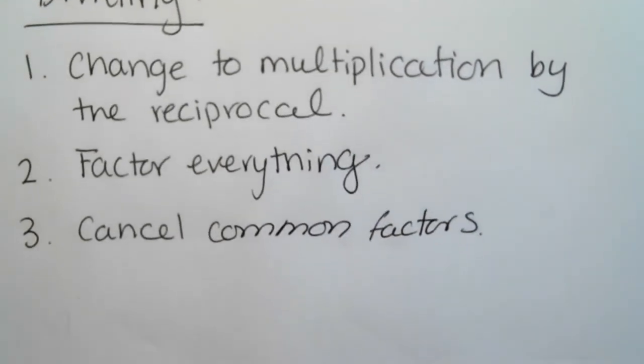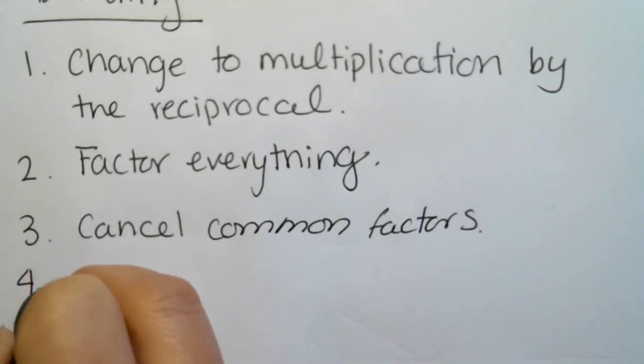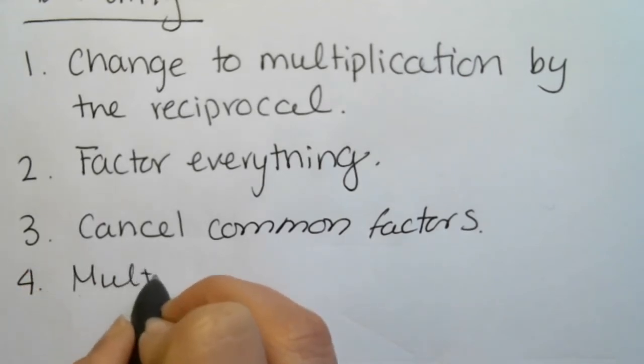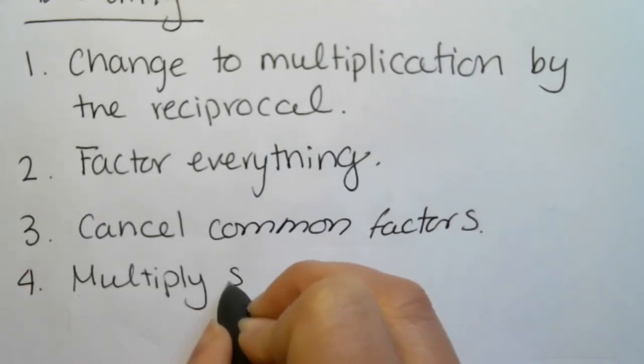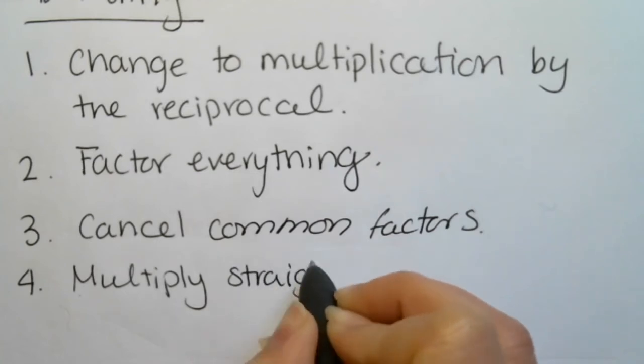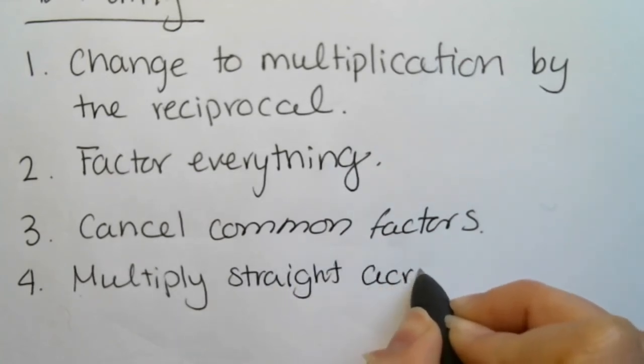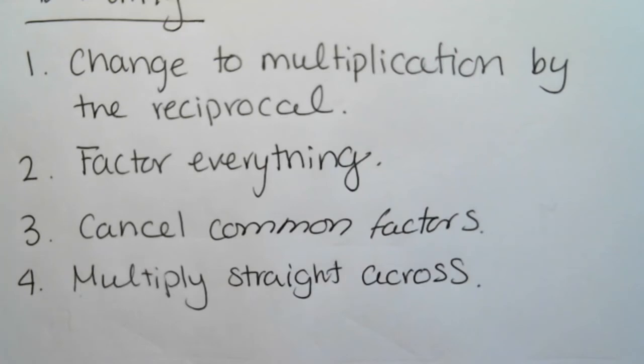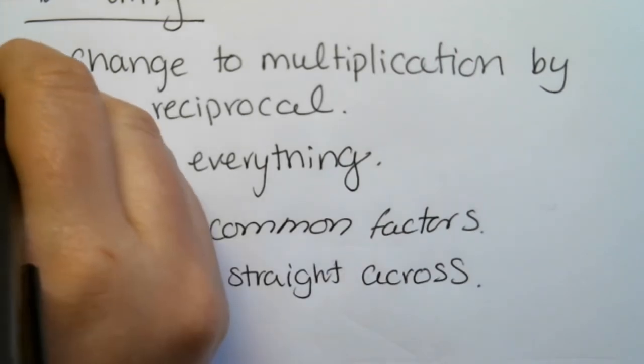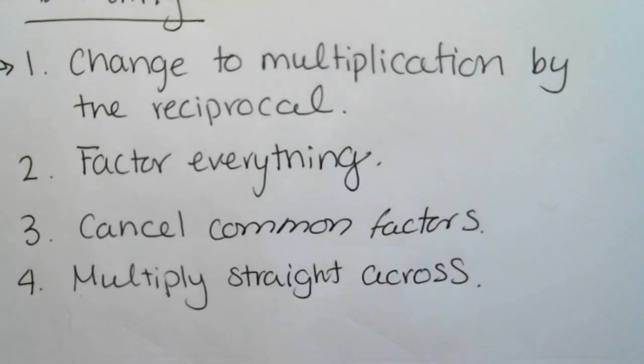Okay, and then the last thing you would do is multiply straight across. Okay, so it is very similar to the process for multiplication. We just have this extra step at the beginning that really differentiates it. Okay, so let's look at an example of this.